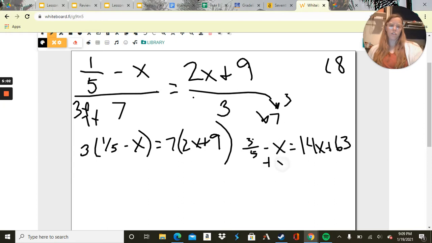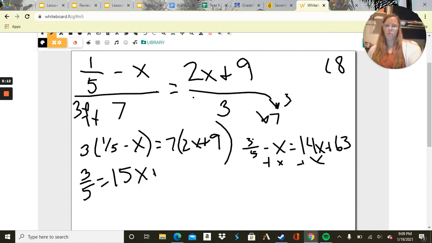We're going to add x, because I personally like to have it that way. So then 3/5 equals 15x plus 63. We're going to subtract 63.